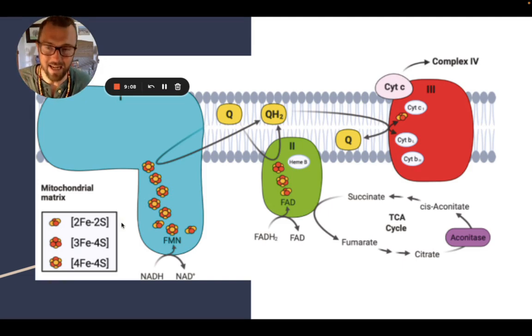But you can see here, just looking at that key at the bottom, these little doodads here are signifying the presence of iron, right? The iron sulfur complex. These complexes, all with iron in them, serve as catalysts for the mitochondria to do what it needs to do, right? So the mitochondria needs iron in order to produce energy.